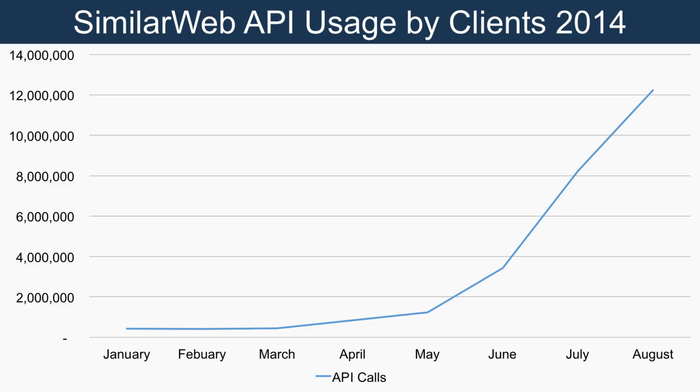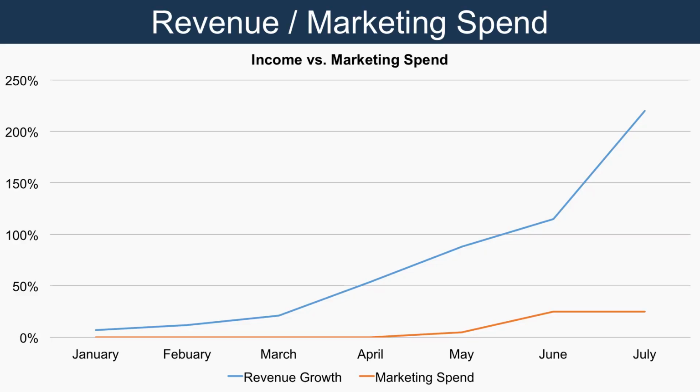So the beginning is actually I want to talk about this graph. This shows our growth by API hits. It's a metric that we've been using in the last several months. And I want to talk about this graph that shows our growth in comparison to the marketing spend.